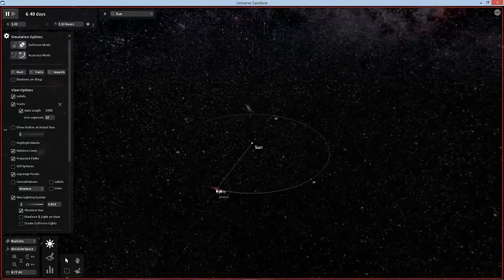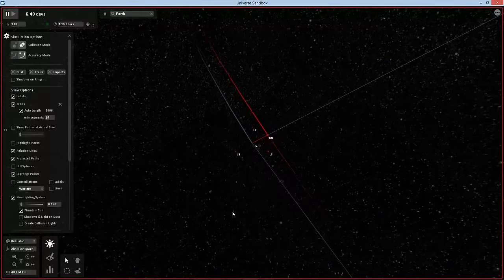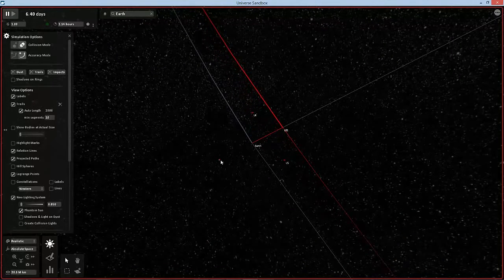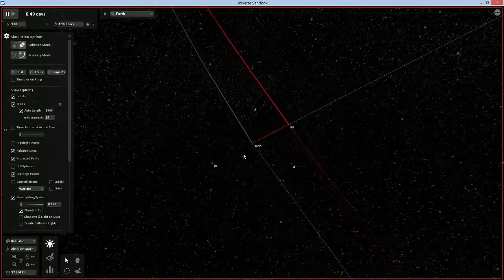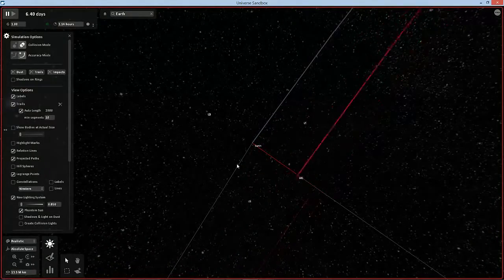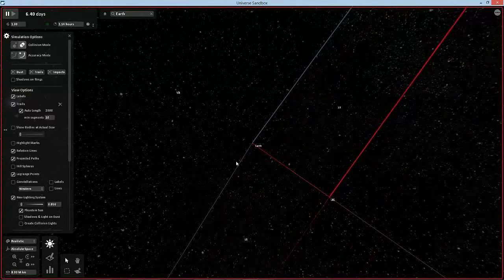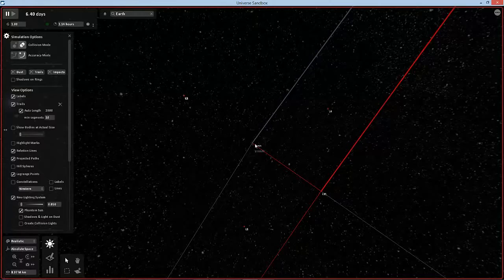Now let's focus this on Earth. Now, as far as this goes, you got the L2, and this is also important to note. If we wanted to, and this is not accurately represented, we can actually go out and put a satellite here, and this is what we're doing with the James Webb telescope.